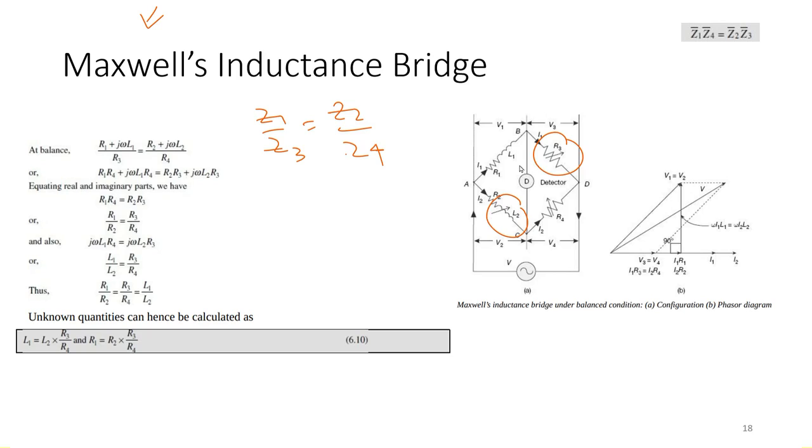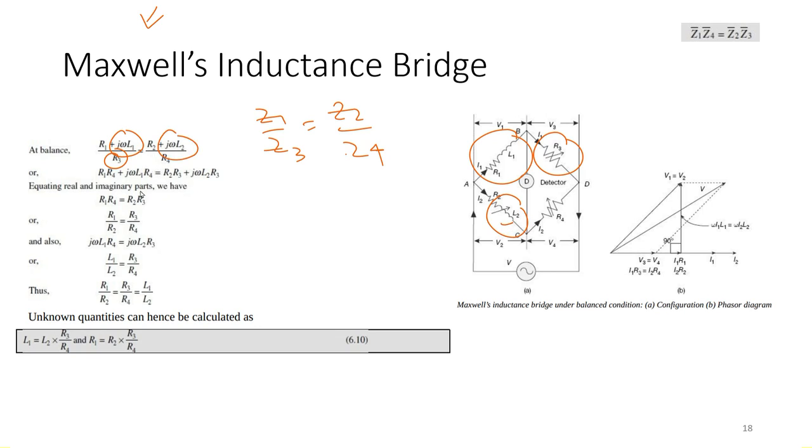Z1 is R plus j omega L1, and Z3 is only R, so divided by R, and Z2 is R2 plus j omega L2, divided by R.